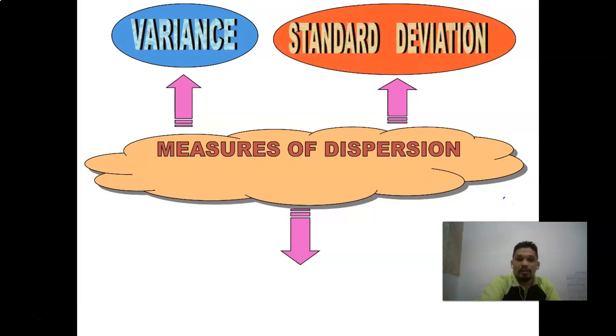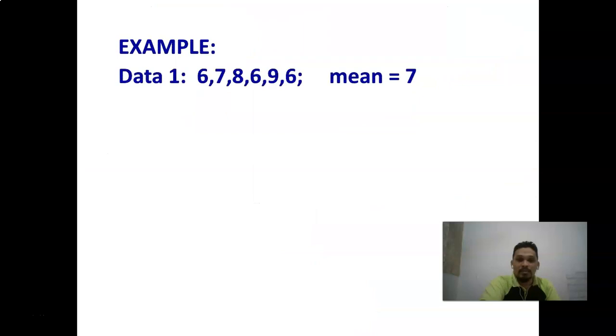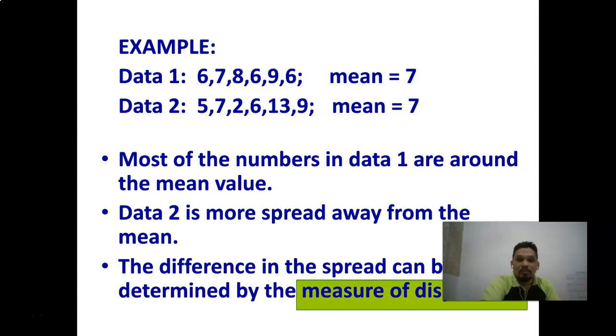So then, we look into the variance, standard deviation, and range for both grouped and ungrouped data. Example 1, look at the data: 6, 7, 8, 6, 9, 6. So the mean is equal to 6 plus 7 plus 8 plus 6 plus 9 plus 6, divided by 6.